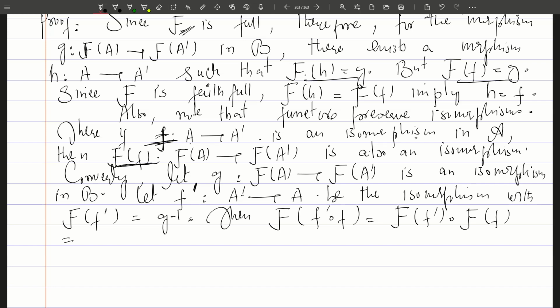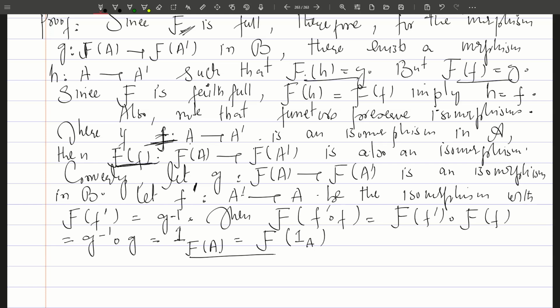That is the same as G inverse composite G. Now G is a morphism from F of A to F of A prime, so this will be the identity morphism on F of A, which is the same as F of identity on A, again using the fact that functors preserve identities.